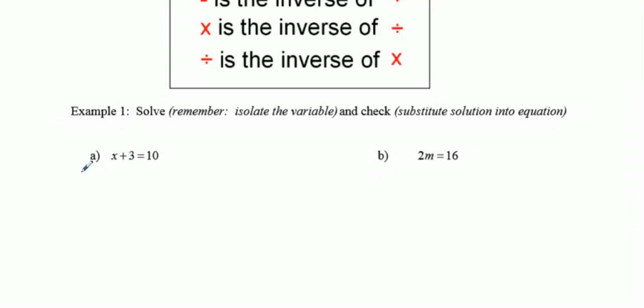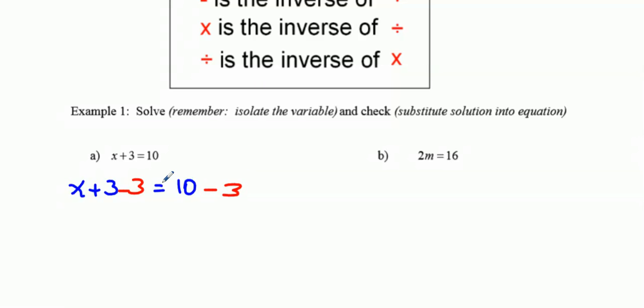So I'm going to, in the first line, change colors just so you see it better. I'm going to subtract the 3, but I can't just subtract 3 on the left side. That's not right, because technically then I've changed the balance of the equation. And remember, our equations need to be balanced. So we would subtract 3 on this side.